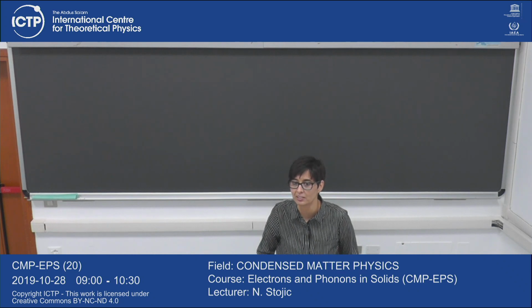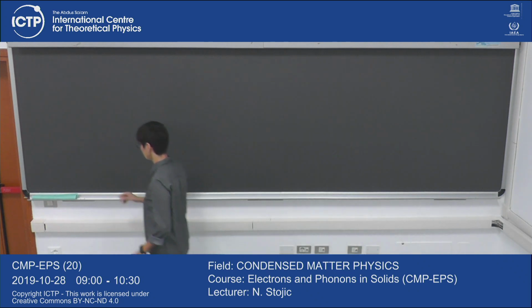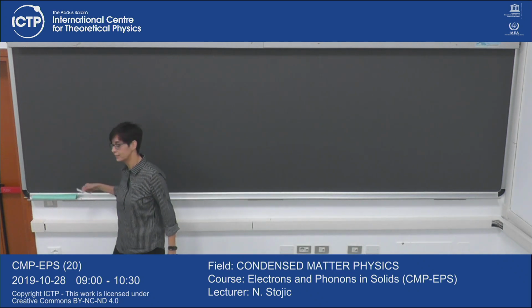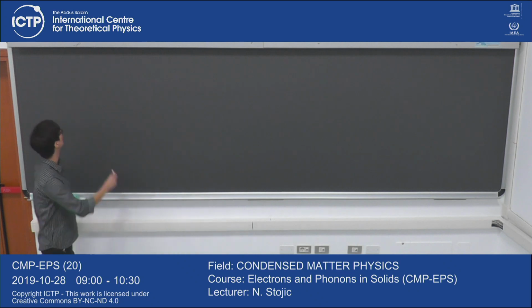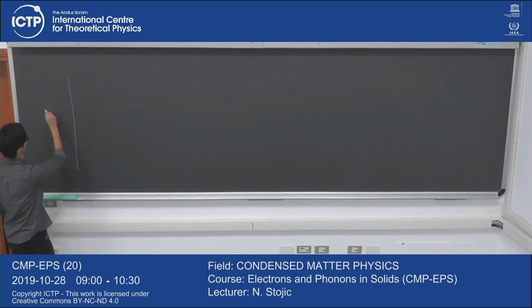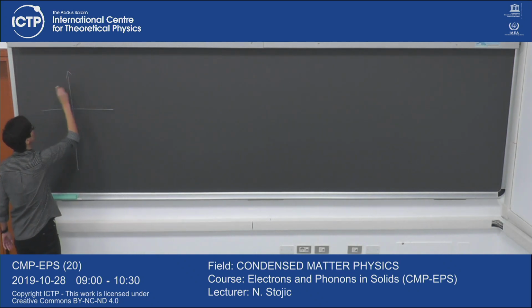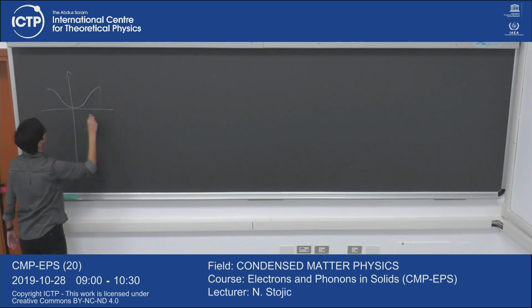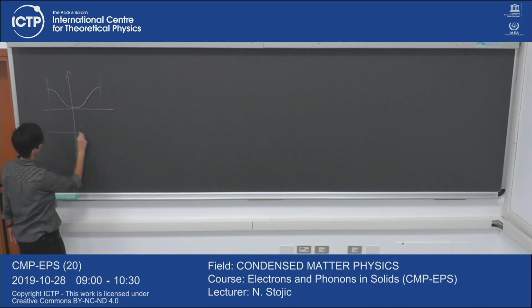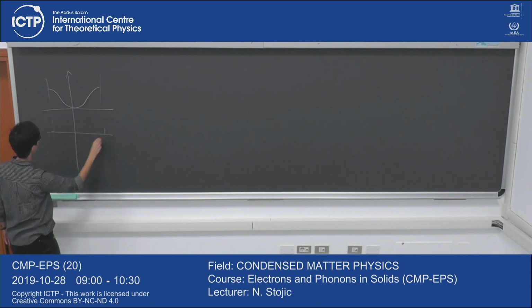We additionally derived effective mass. So now we have more consequences of the band theory. From the band, we are able to determine the group velocity. We don't have to draw this.